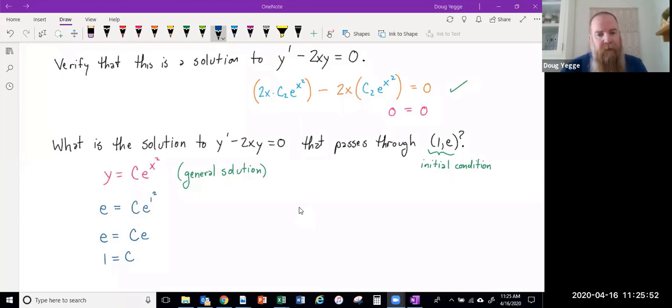All right, well, we've just found something else then. We've just found the constant of integration. So we found a particular constant that's going to be needed in order for that solution to pass through the point 1, e.